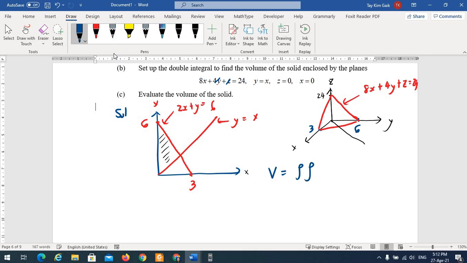Volume is the double integral of f(x,y) dA over region R. This is region R here. It is not the whole volume, but the part bounded by this, as in the sketch.